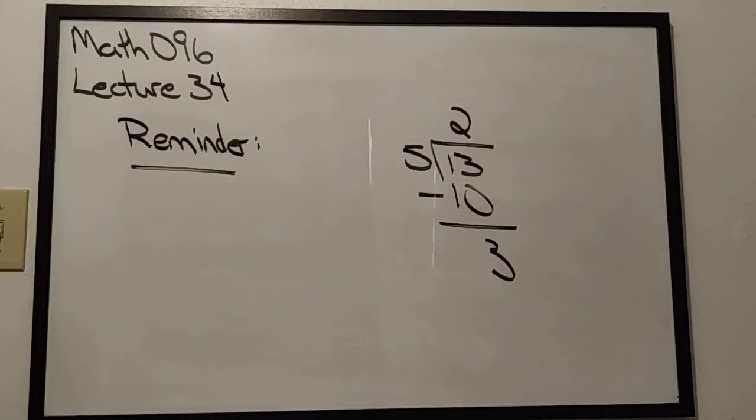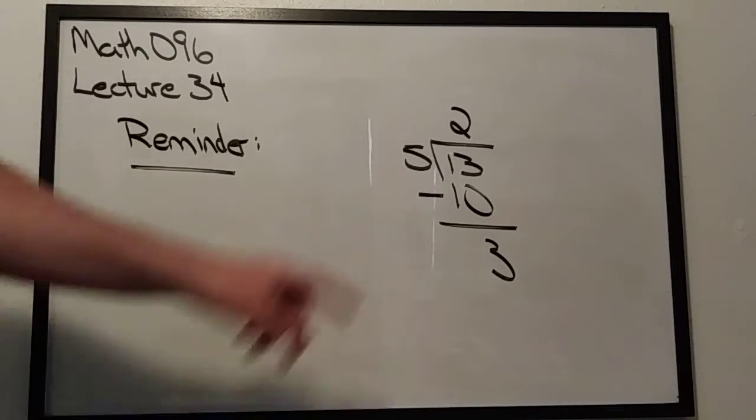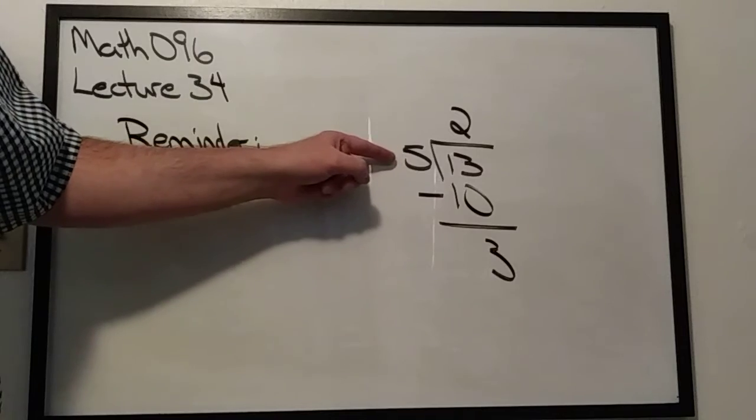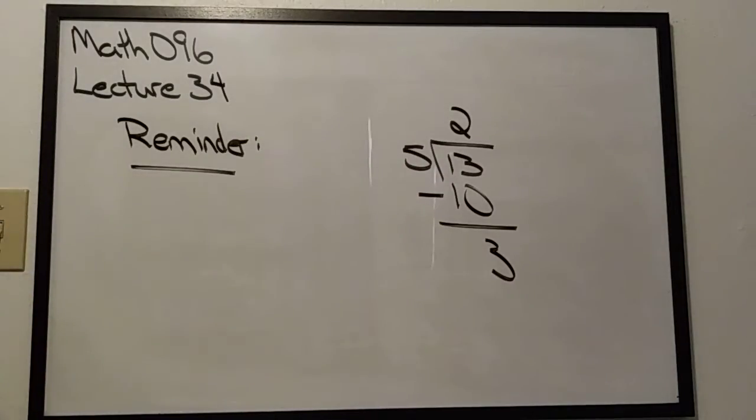So as you look at this process, the first thing that I want you to catch is the fact that if we can do all of this for the ideas in terms of integers, we're going to do very similar ideas in terms of polynomial long division. So think about what happened along the way. We first of all asked, how many times does 5 go into 13?